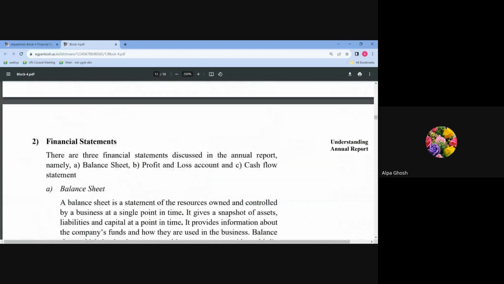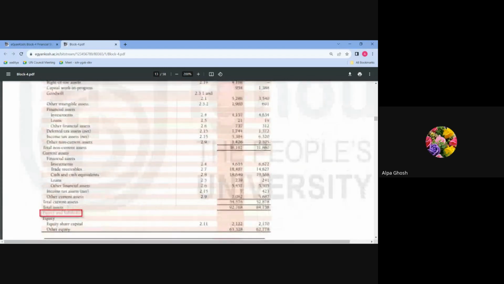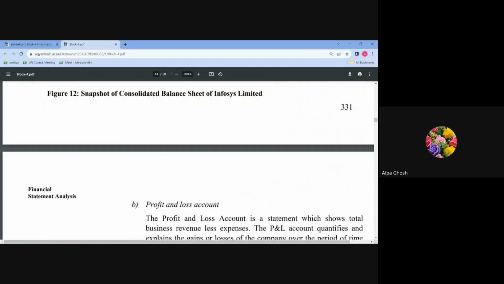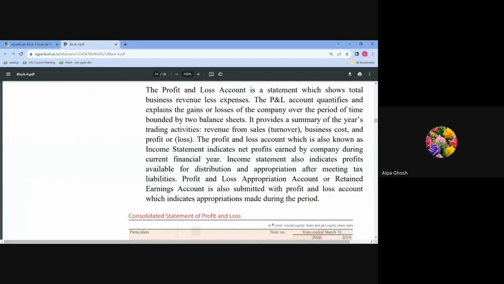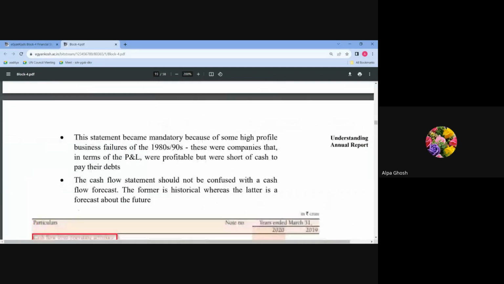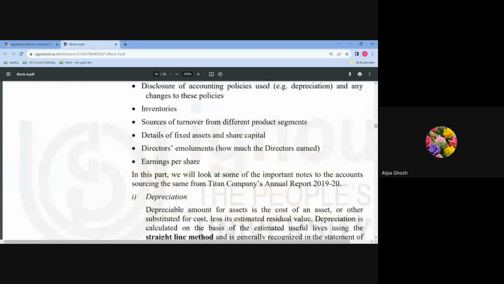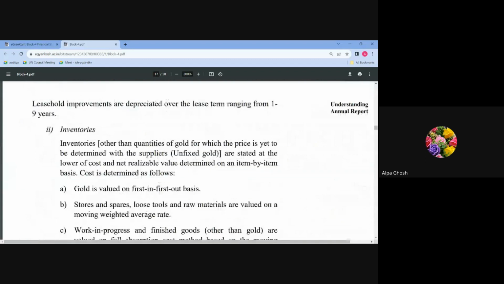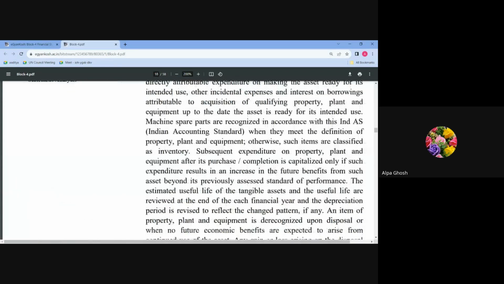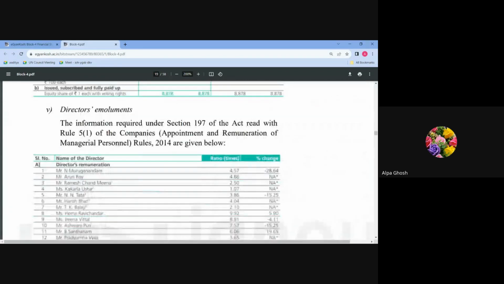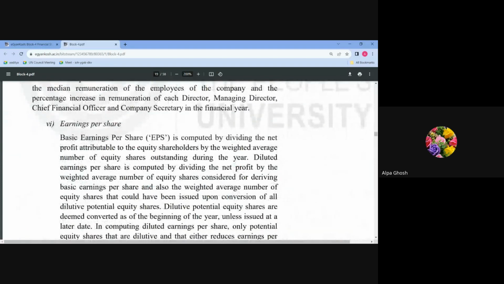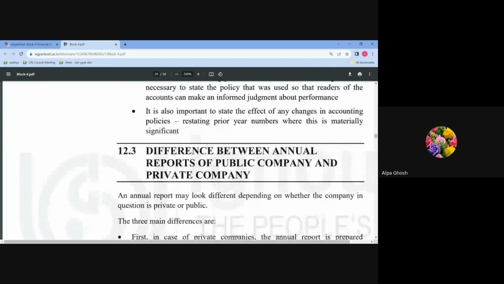This is theoretical rather than practical. Practical part is there, but compared to other blocks, here the practical is very less. It is more of understanding. So that is what it is about, understanding your annual report.